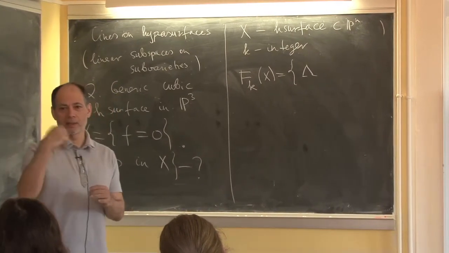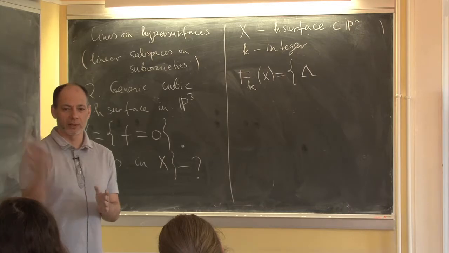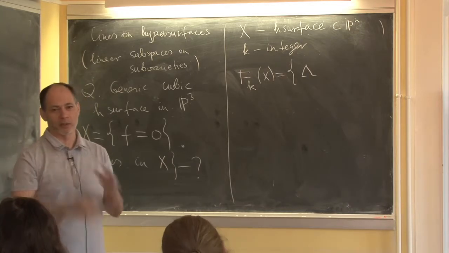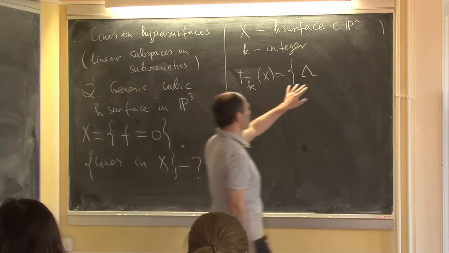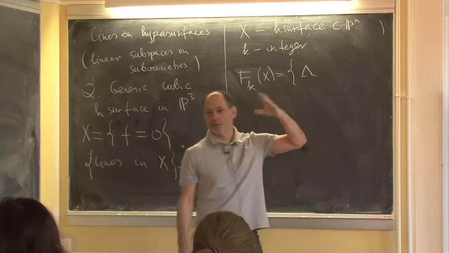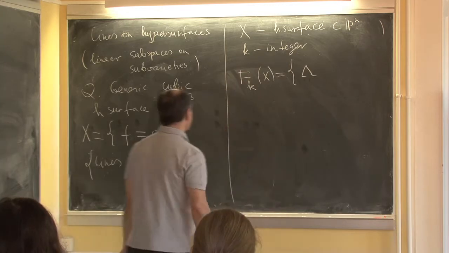You remember, there are lines in projective space, and there are linear spaces in the above affine space, and there's always a dimension difference. And I'll denote, so these lambdas before were subspaces, now they're lines. It's the same thing.